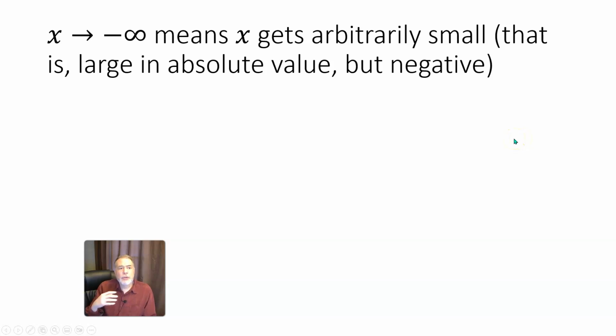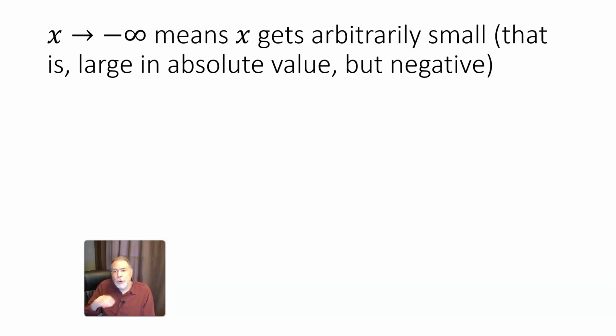And then for x to approach negative infinity would mean that x gets arbitrarily, well, I have to be a little bit careful here, because when we talk about numbers being small or smaller than other numbers, we could mean small in the sense of they're small in absolute value, they're close to zero, or we could mean that they are negative numbers, and in that case, one number being less than a number means it's more negative, but that makes it larger in absolute value.